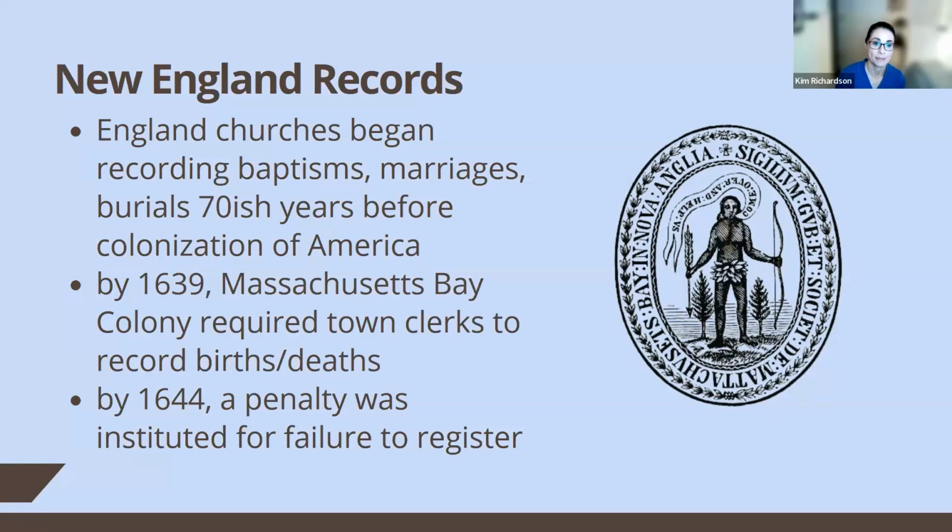That's emphasized by the fact that by 1644, there's a penalty if you failed to register. So that doesn't mean that everybody registered. Some people could have just taken a chance of getting caught not registering or being willing to pay that penalty. But it tells us that the leadership thought that that was important and that they encouraged that registration to occur.